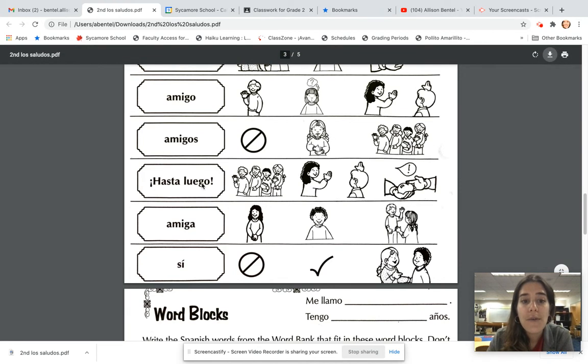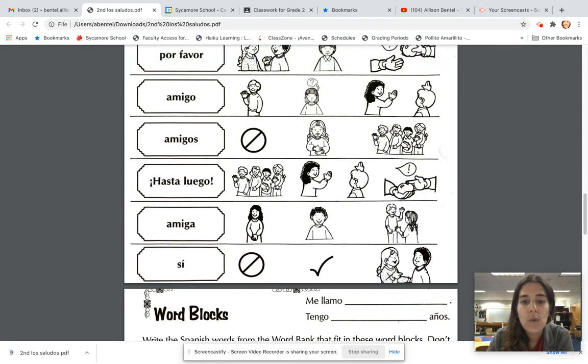Hasta luego. 1, 2 o 3. 2 más, 2 more. Amiga. ¿Cuál foto? 1, 2 o 3. Y finalmente, sí. ¿Cuál foto es la foto correcta? 1, 2 o 3.